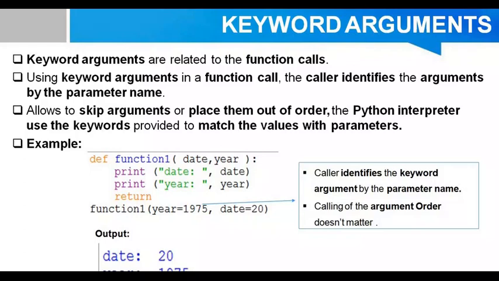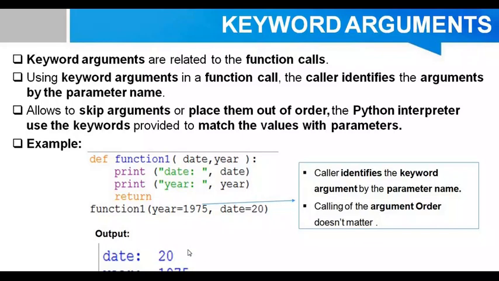Here I am passing the value of year, whereas when I declared the function I used the sequence date and year, but when I call it I am passing year first and date second. So no issues are there. It will print date equal to 20 and year equal to 1975. Okay, so it is a good thing. You just simply write the name of the parameter and assign the value to that particular variable.